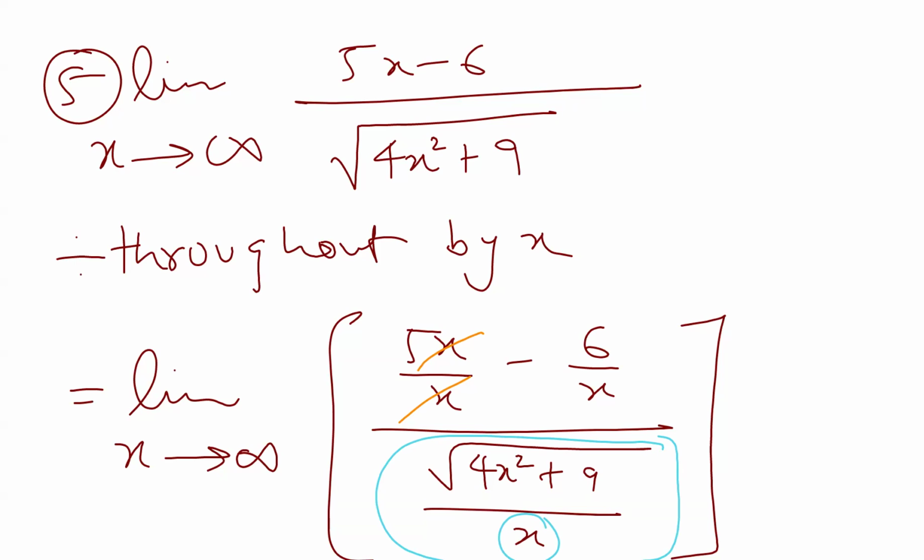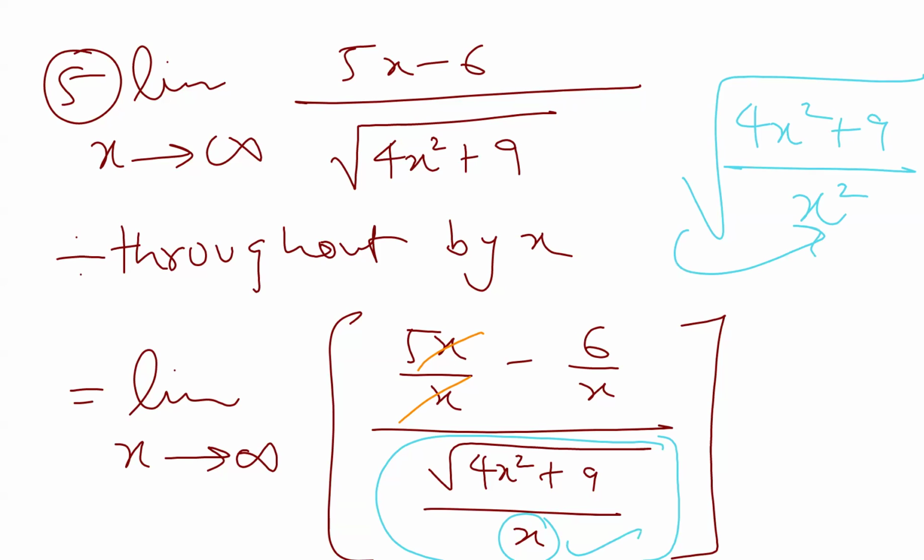For this blue colored term, if I want to write a complete root, 4x square plus 9 upon what? X square, right? Because root of x square is this x. So in the next step, I'm going to take that x within the root. And when it goes within the root, it becomes x square.